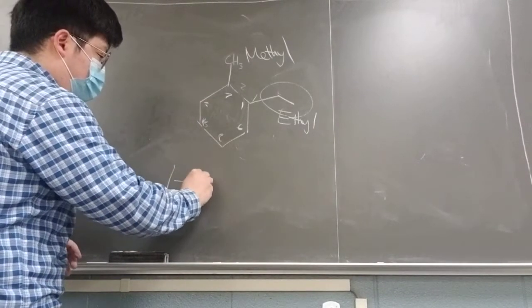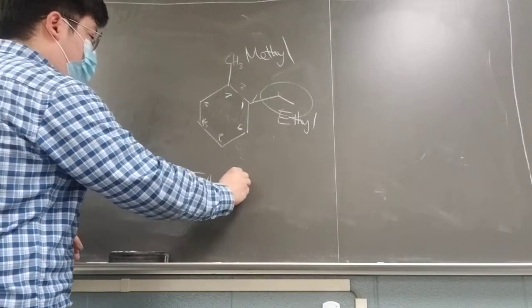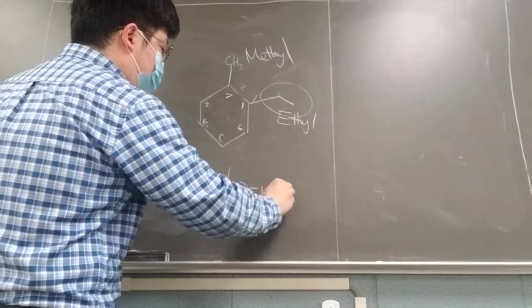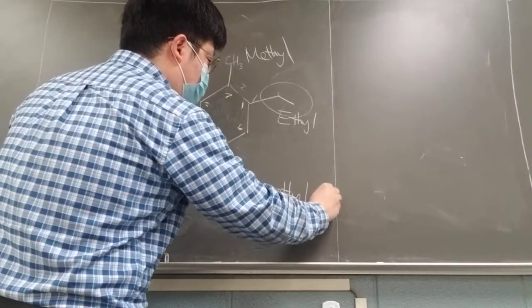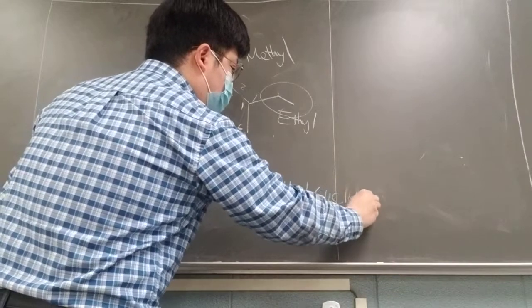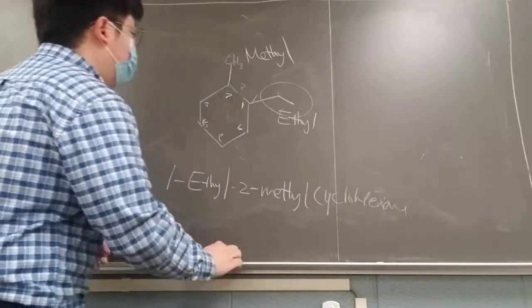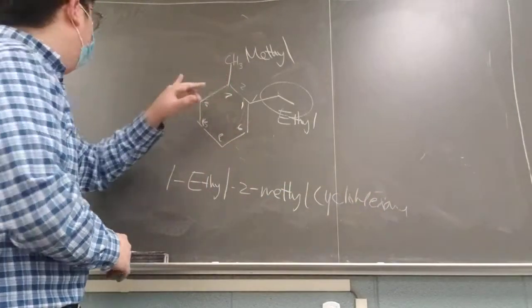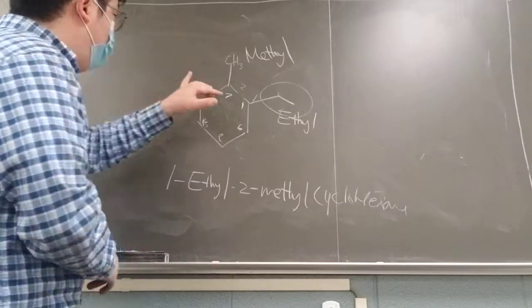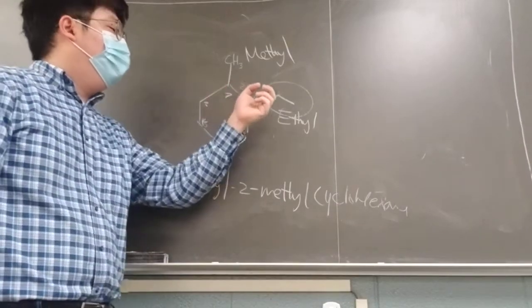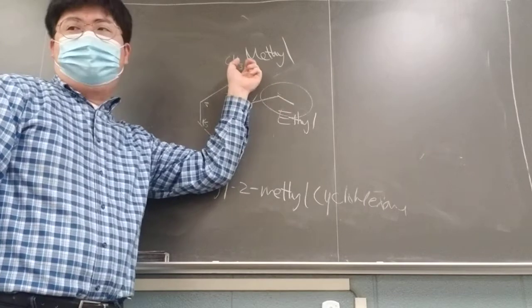Can you explain that again? Why you started from there? Yes. So you have 2 alkyl groups here, but you have different groups on it.